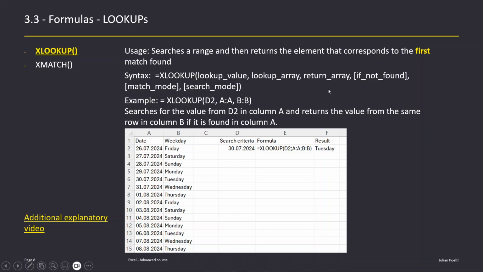There are also a few optional criteria, for example, match mode or search mode. And you see this exemplary function here. It will search the value from D2, so our date, in column A, and if it finds that value in column A, it will hand out the value in the same row from column B.